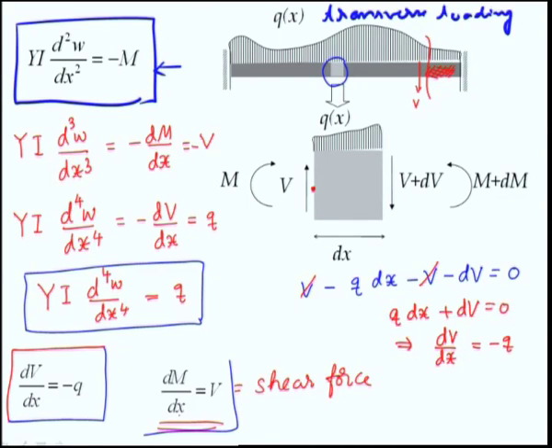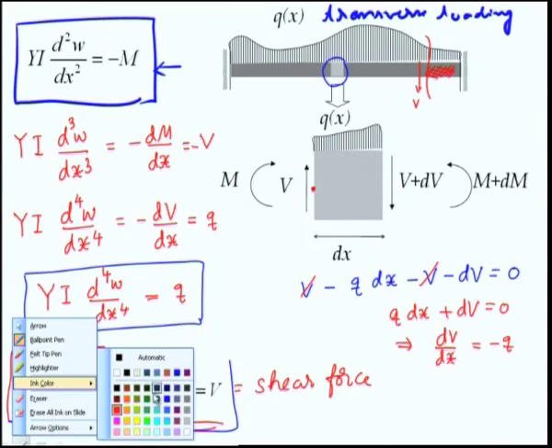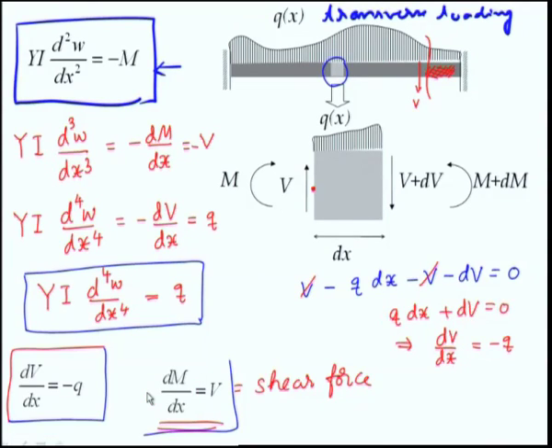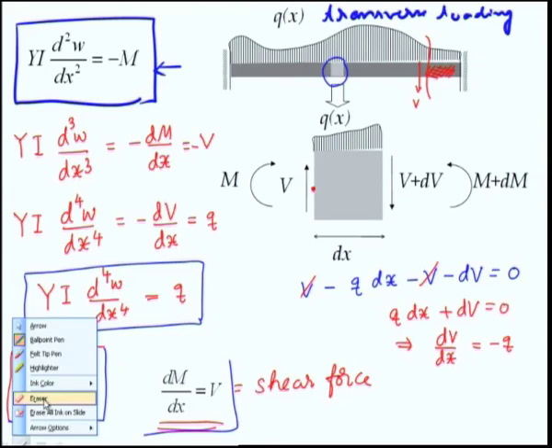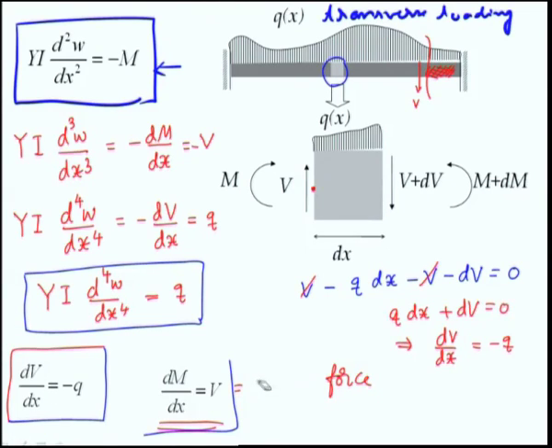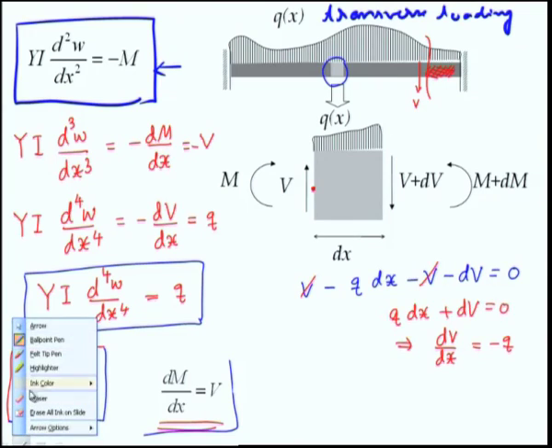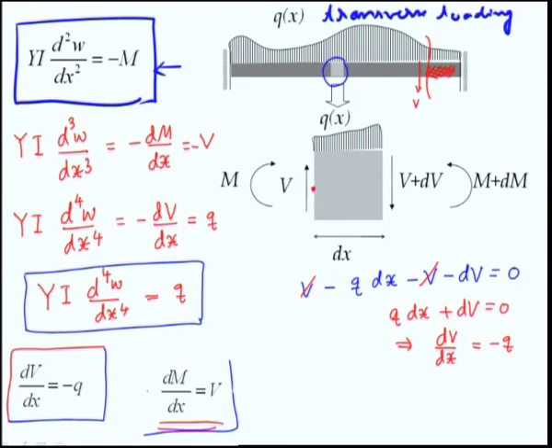So, let us use a different color. Okay. I am going to write now the moment equilibrium. Let us create some space to erase some things. We want to derive this quantity by taking moment equilibrium. Okay.